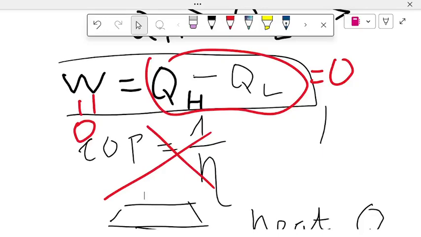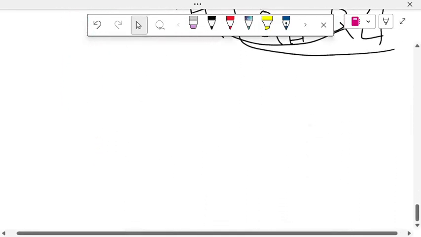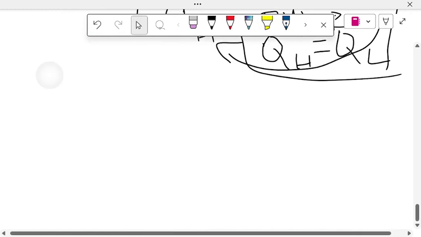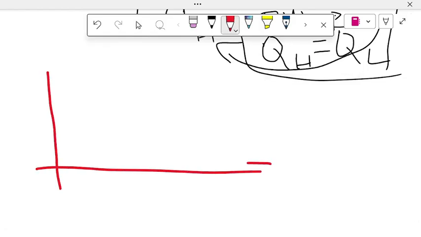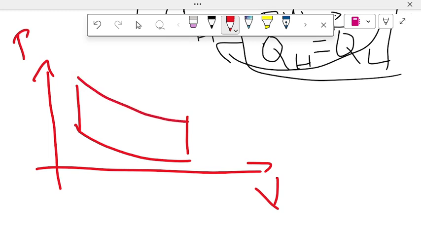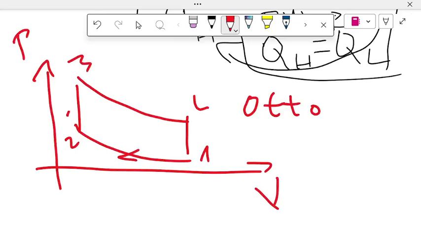Okay, so in my point of view, that is in the PV diagram similar to the Otto cycle. But here is 1, here is 2, here is 3, here is 4. But let's see, it is the same.